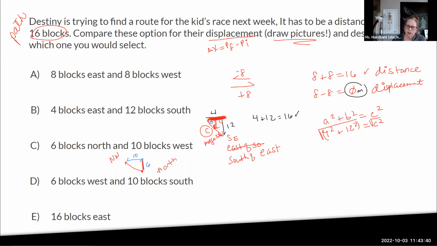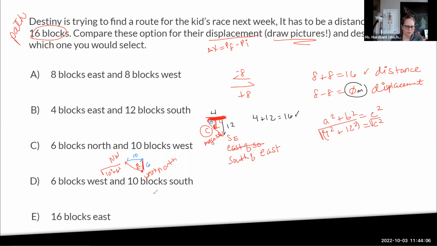Okay, and then what direction are we going from that? We are going to the left. So that's west of north for that answer. West of north for that theta. Okay. Our path is still 10 plus 6. And our magnitude of our shortcut or of our vector is the square root of 10 squared plus 6 squared.